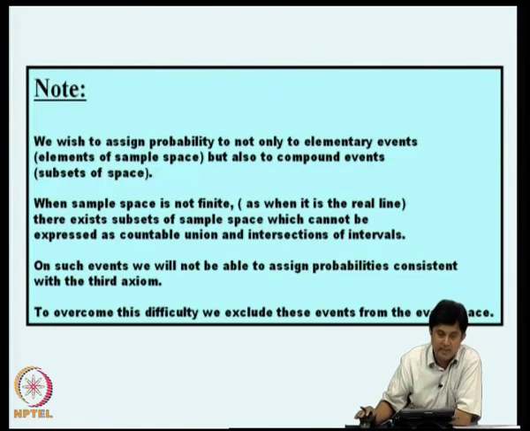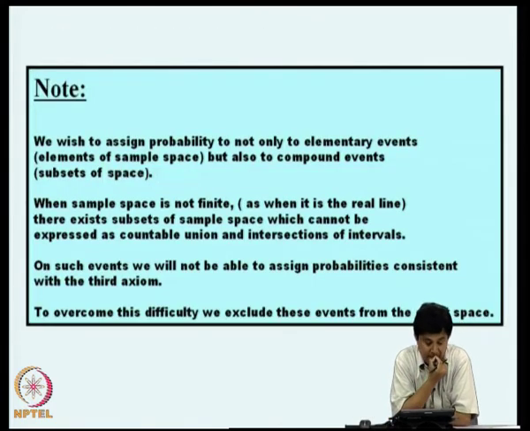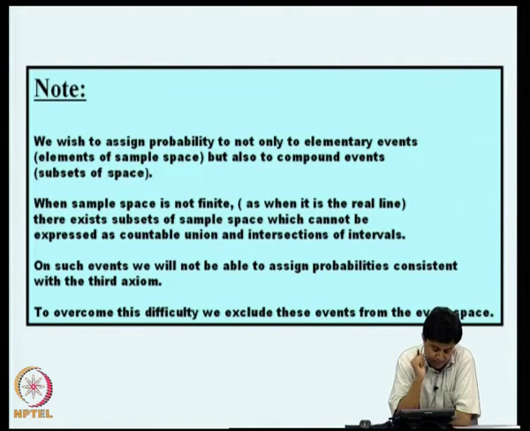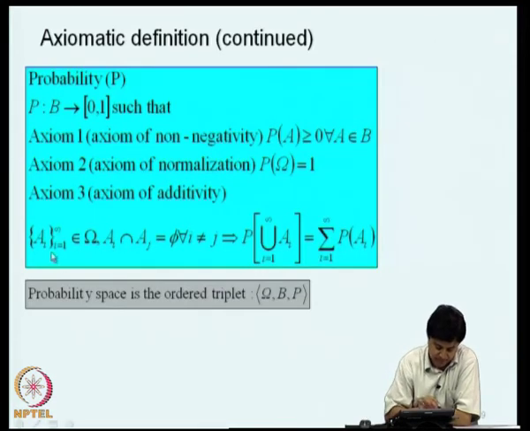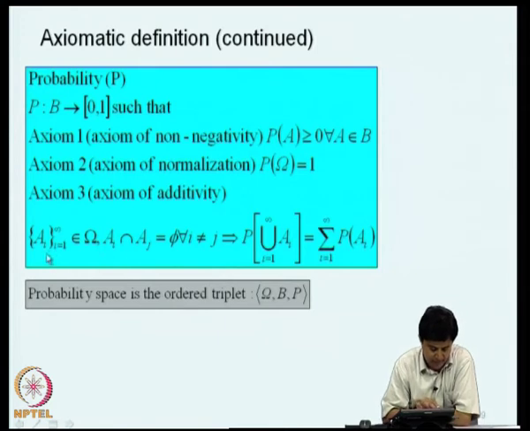I talked about sigma algebra, and a brief clarification on why it is needed can be made now. See, if you look at this third axiom, what we are doing here is for any sequence of subsets of the sample space, we would like to assign probability on the union of these sets.